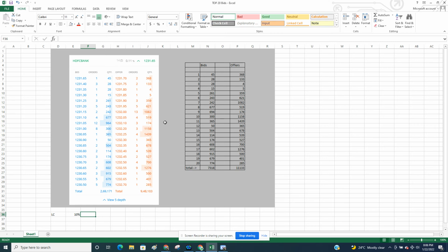The current market price is 1,231. So what is the 10% downside, around 123? What would the lower circuit be? Around 1100. So with a few lakhs, you can place a huge quantity at this price.